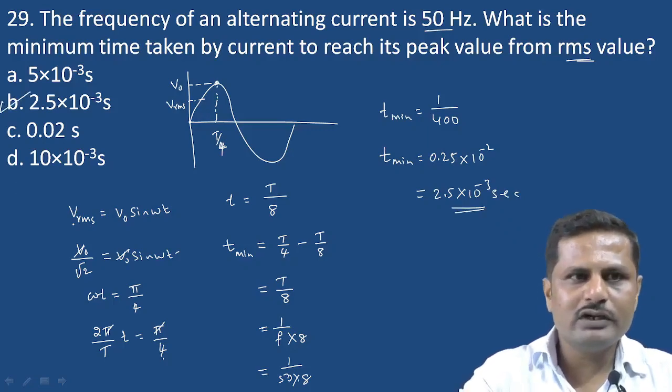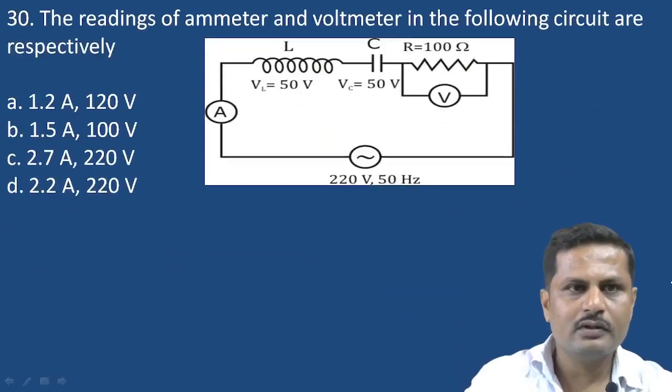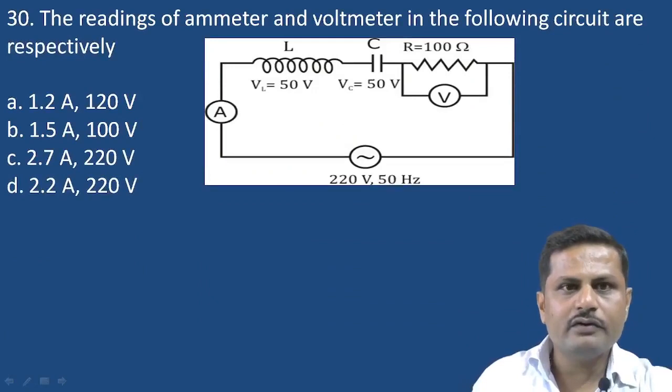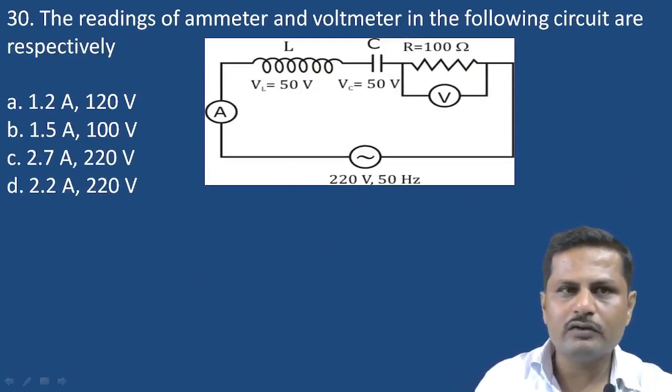Moving to the next question: the readings of the ammeter and voltmeter in the following circuit are, respectively. Looking at the diagram, the voltage across the inductor and capacitor is the same, so this is a pure resistive circuit. Therefore the voltage across the resistance is 220 volt.